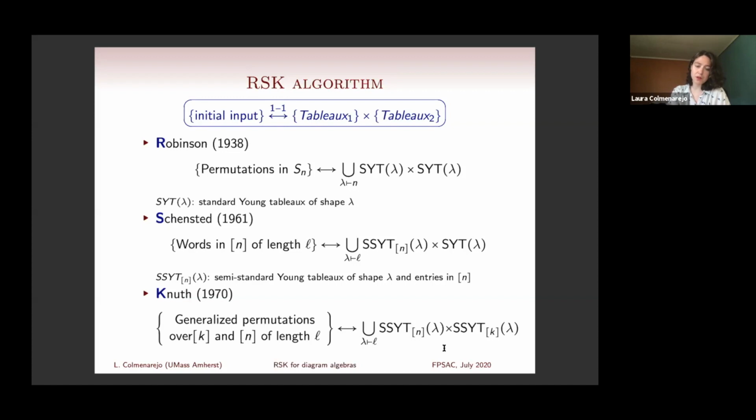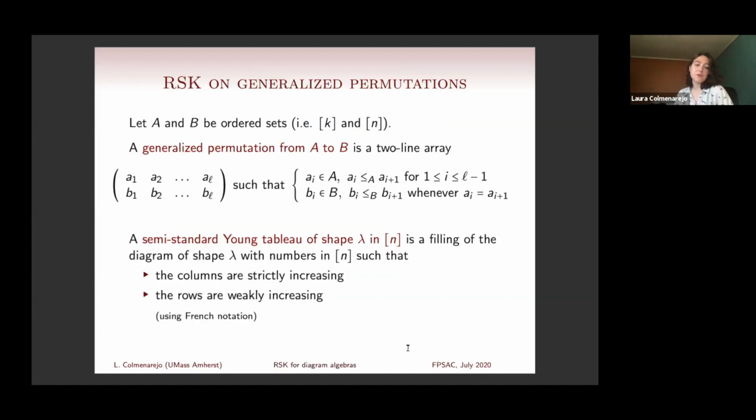I want to give you an overview of the RSK algorithm, and I'm going to do it initially with generalized permutations. To define a generalized permutation, I need two ordered sets that are totally ordered.